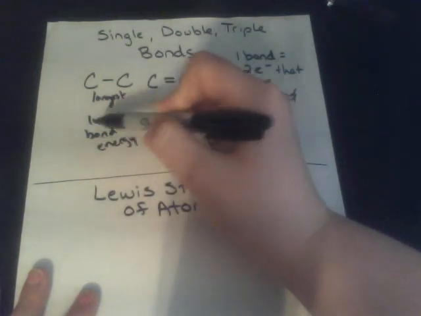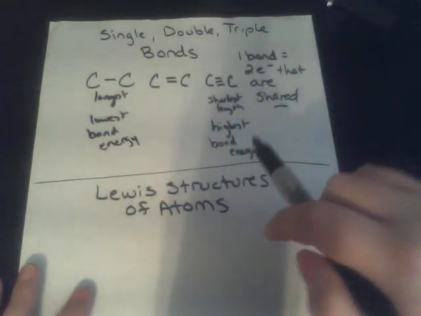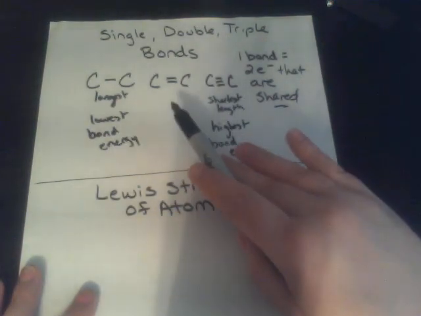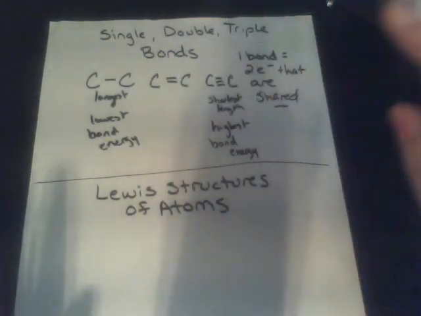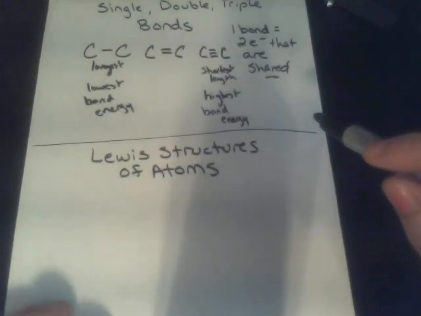Highest bond energy, lowest bond energy, and this is the baby bear who has somewhere in the middle. Porridge isn't too hot or too cold.